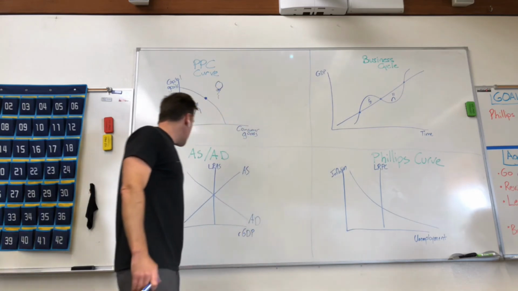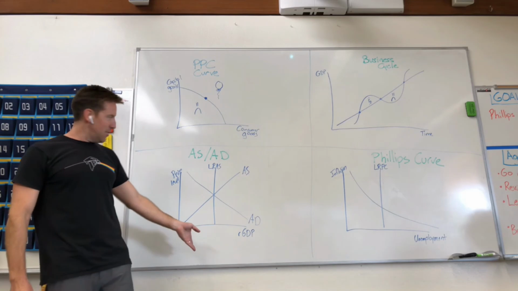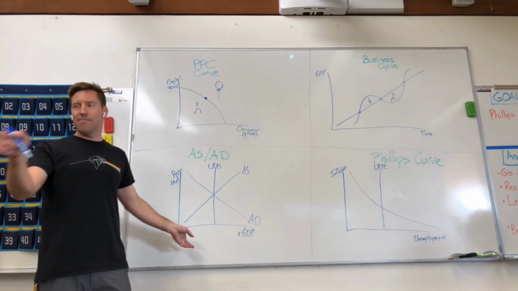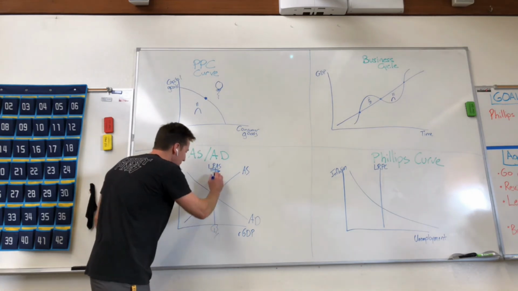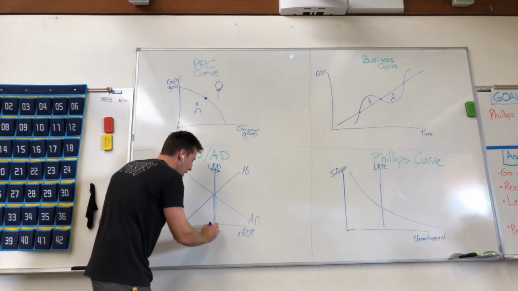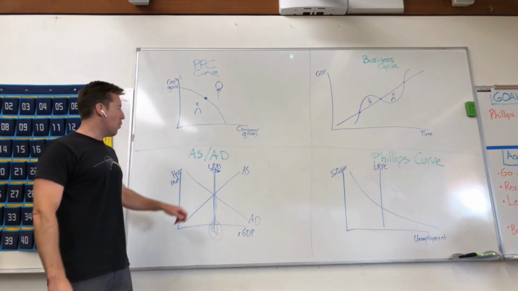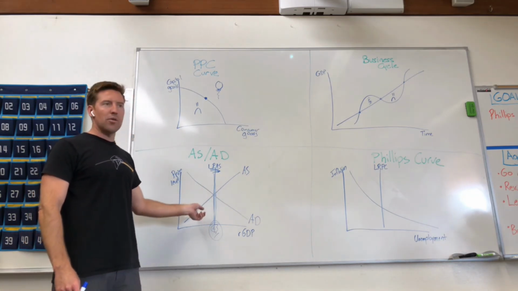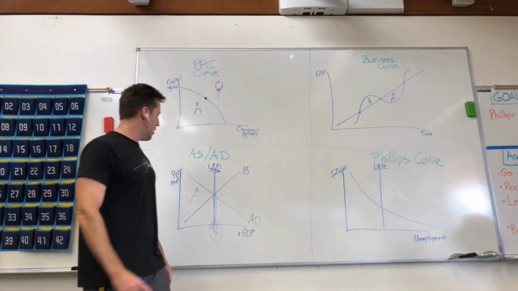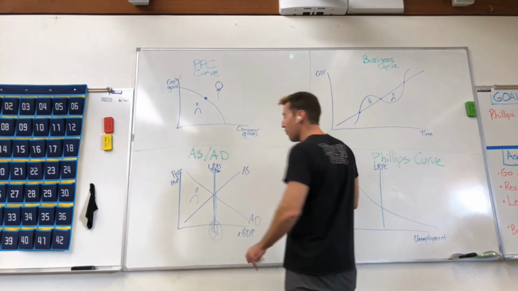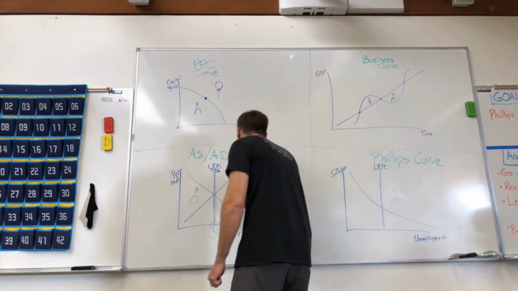How about where do I have full employment on my ASAD model? Yep. At the long run aggregate supply at our full employment. So anywhere along this line at our full employment line, Y full employment. How about where is my recessionary zone? To the left side. That means our inflationary gap would be on the right side.